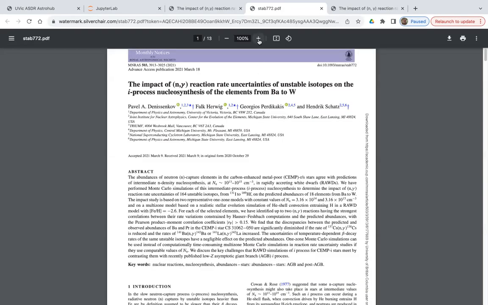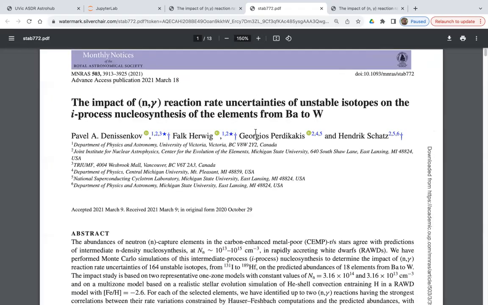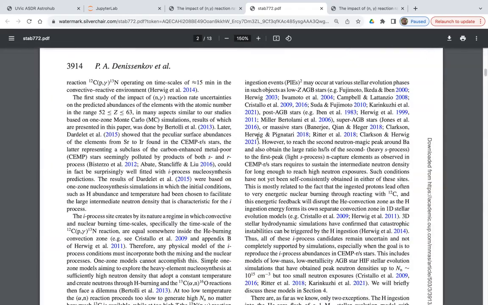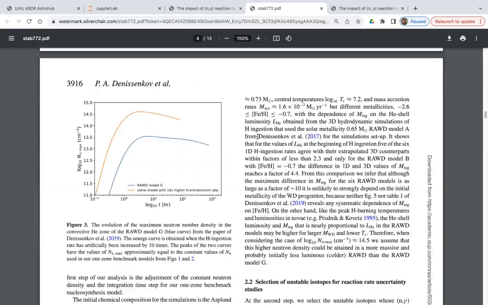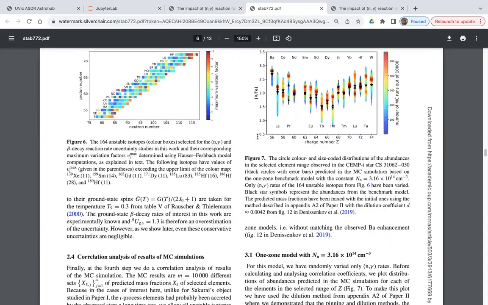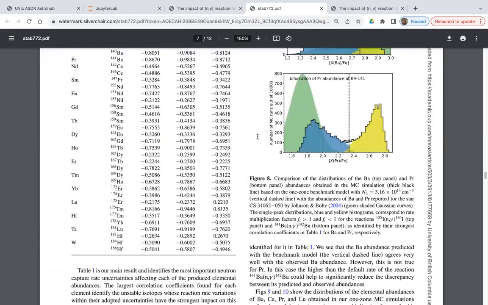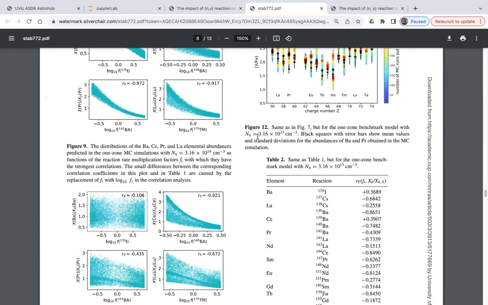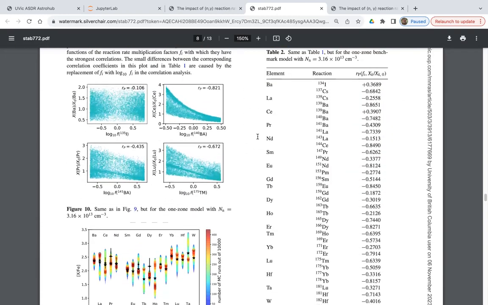Okay, so I have opened this paper, and if I scroll, so now I scroll to table 2, and table 2 provides correlation coefficients between reactions on these unstable isotopes and predicted elemental balance ratio.